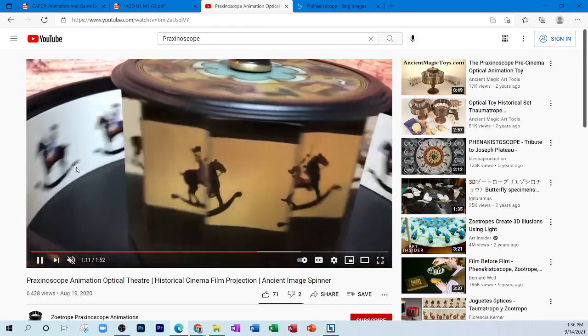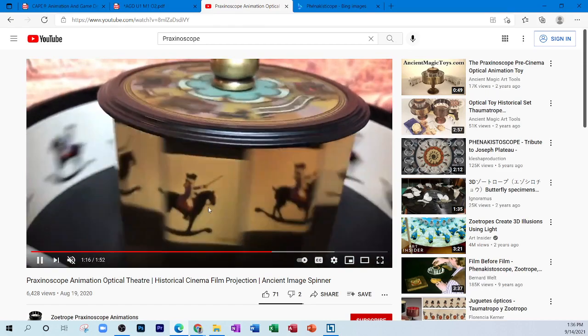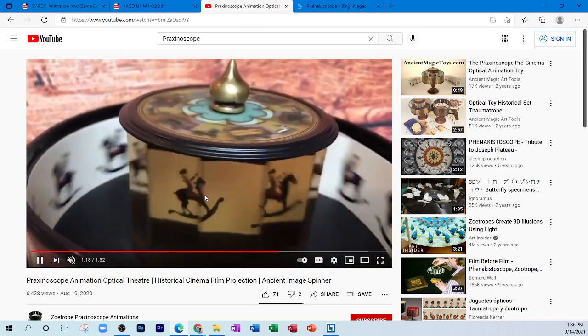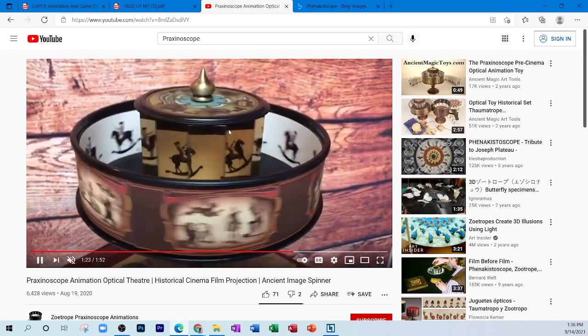Okay, so it looks like it's one image. Oh, it's different images, and then it's reflecting onto the mirrors in the center and giving you that illusion of movement.